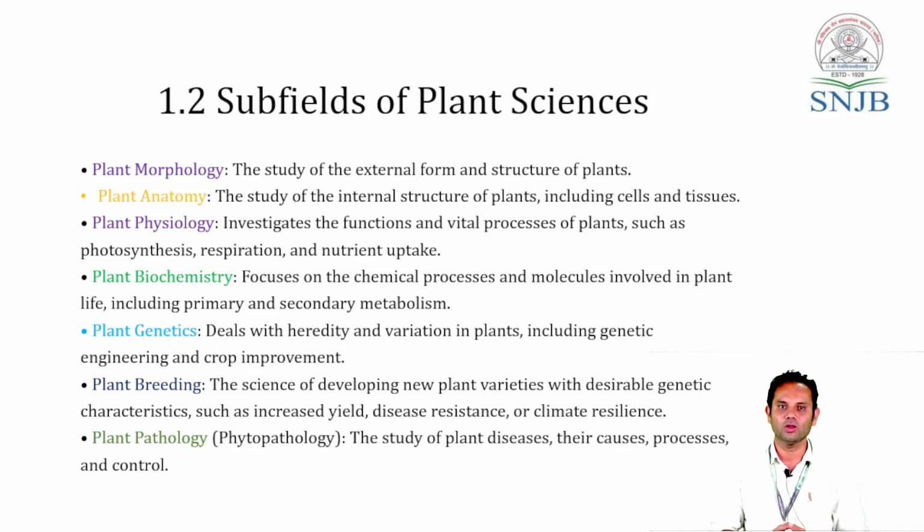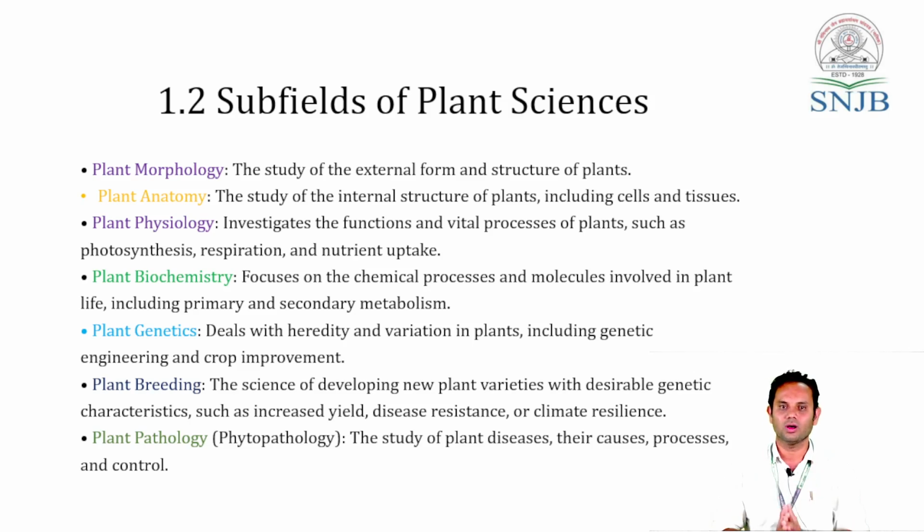Next is plant pathology, which is also known as plant phytopathology. It is the study of plant diseases, meaning what types of diseases are there on the plants and their causes, their processes and their control. For example, downy mildew of grapes is a disease which occurs on grapes. Brown rot is also a disease.